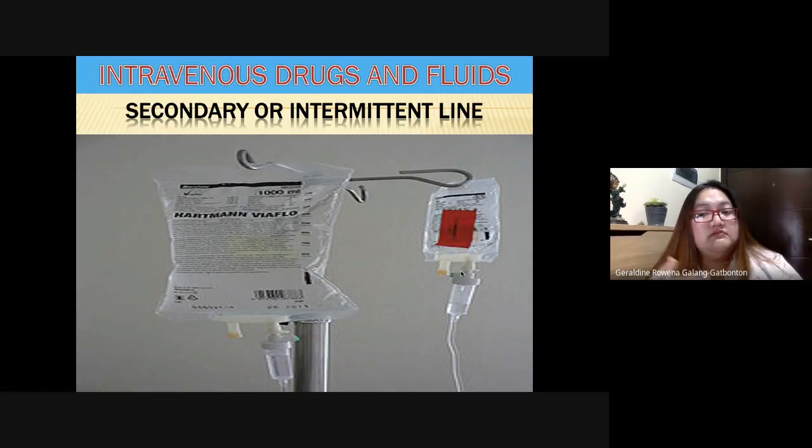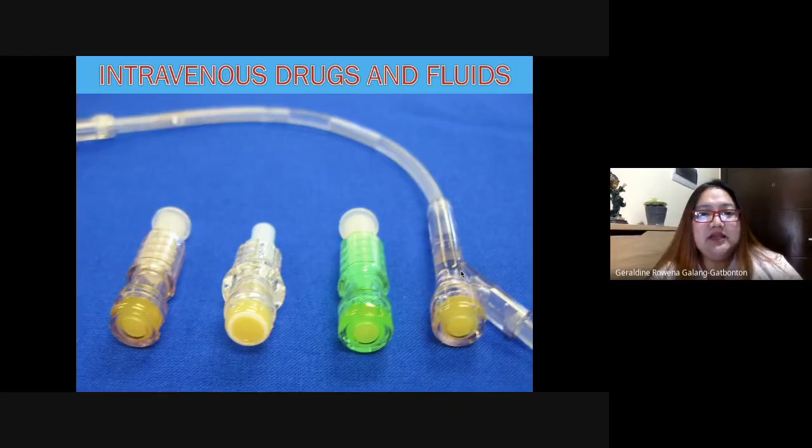Or other transfusions. Okay? In an IV tubing, sometimes you will see the piggyback, where we can insert IV medications. Or sometimes there is no IV line anymore, but a heplock was left behind. Also for IV medications, or drugs, or fluids, or transfusions.